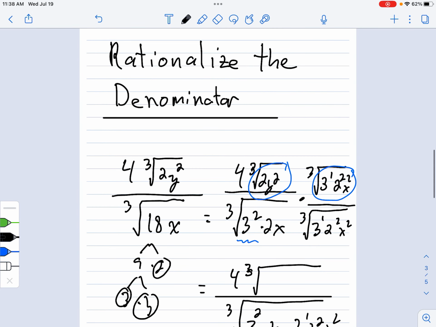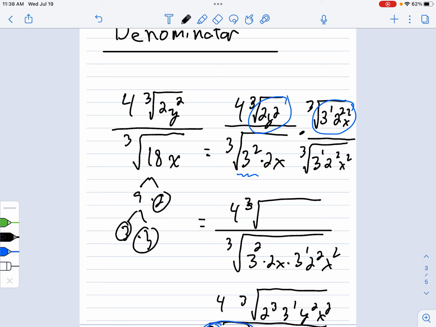Just to recap what we did here, the first step is always to try to simplify your radical if you can. We factored the 18 out, and nothing could be factored out of that. So we wrote it as 3 squared times 2x, in terms of a prime factorization. And if you had 3 squared, a 2 and an x, we ask ourselves, how many more 3s, 2s, and xs do you need to get to the index, the 3?